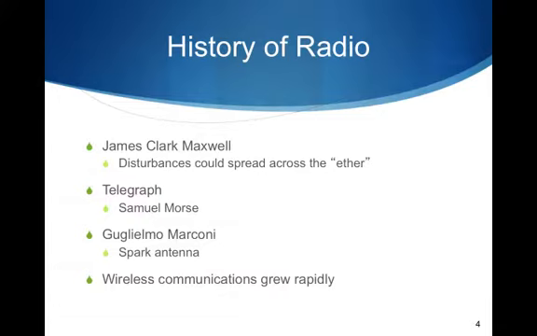History of radio. James Clerk Maxwell hypothesized that an electrical or magnetic disturbance could spread across an invisible substance thought to fill space, like waves on an ocean from a distant storm. This theory was substantially correct. Electrical current passes through a wire and creates a field of electromagnetic energy around it as it passes.